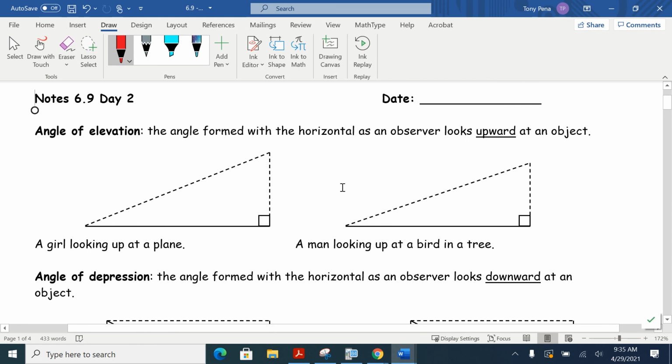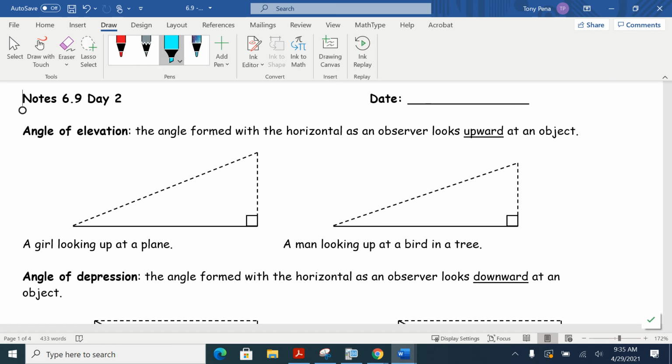All right, so the first thing we want to talk about in these little word problems is what we call an angle. And then we all know what angles are, and this is an angle of elevation. If you elevate, you move up.